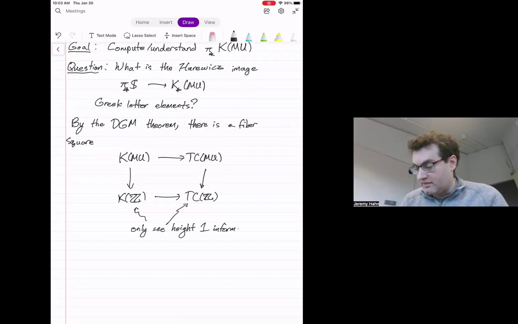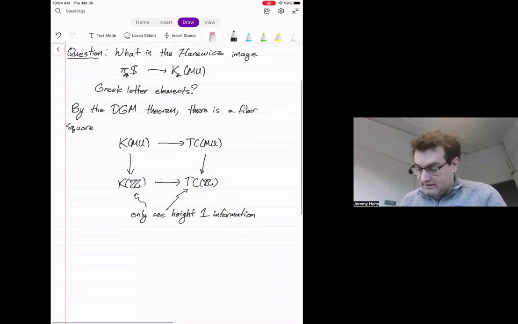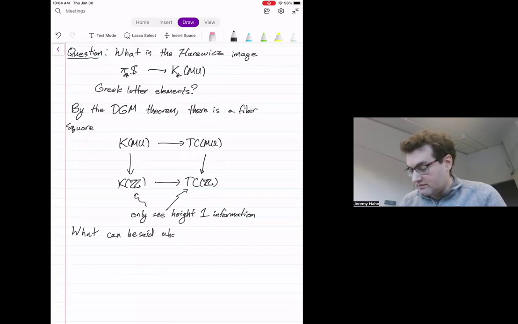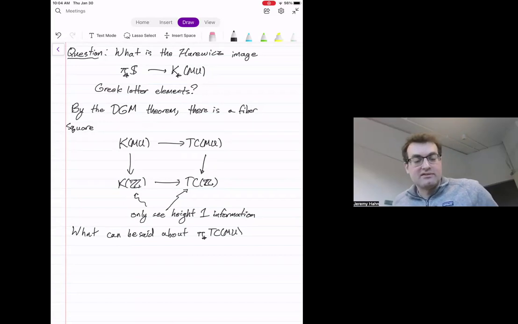So if you're interested, for example, in detecting interesting elements in the homotopy groups of spheres, you may not have to worry so much about the bottom of this fiber square, because that's only ever going to interact with height 1 information anyway. And so what I will try to focus on is what can be said about the homotopy groups of TC of MU and the Hurewicz image of the sphere in those groups.